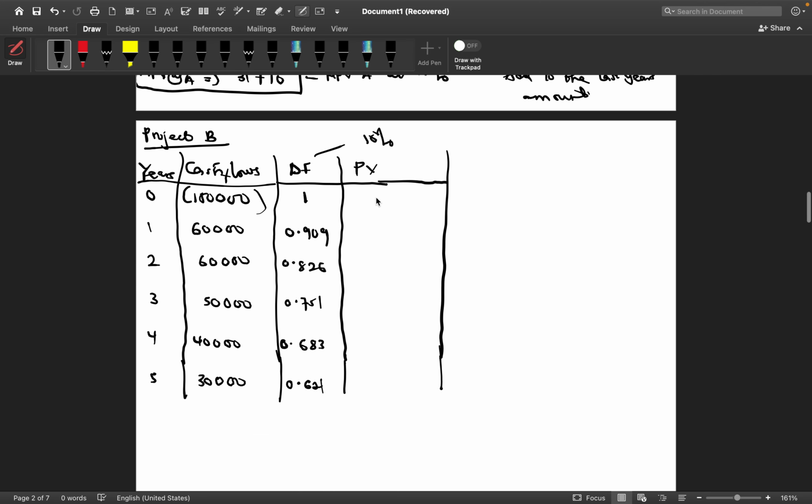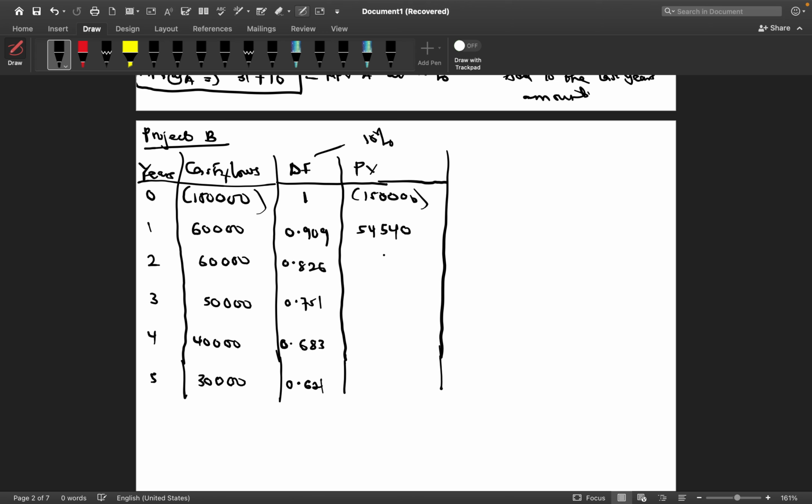Now present value, I told you it's cash flow times discount factor. So 150,000 times 1 is 150,000. 60,000 times 0.909 gives 54,540.